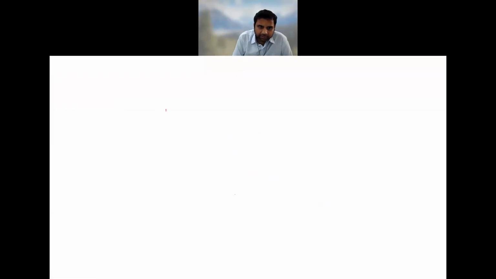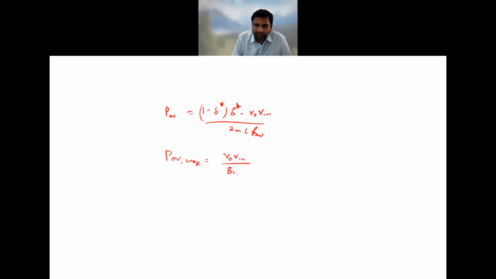You can directly use this formula, P average, which is nothing but equal to (1 minus delta star) times V naught by 2 L f_sw. And we also know that our P average maximum value is nothing but V naught by 8 L f_sw. The question already gives the P average maximum value, so put it in the required expression.